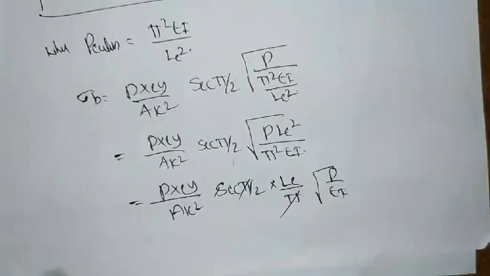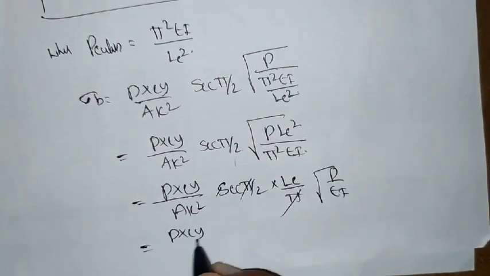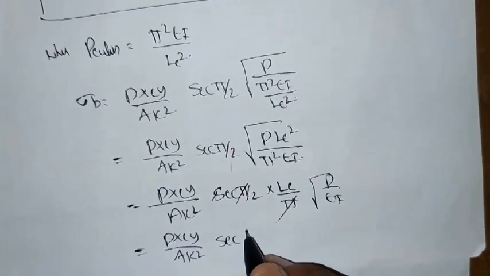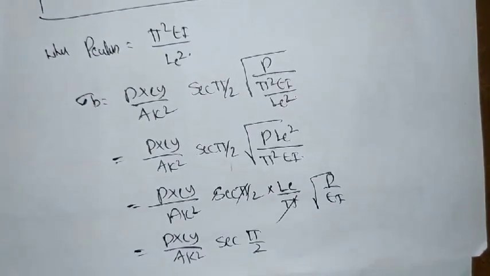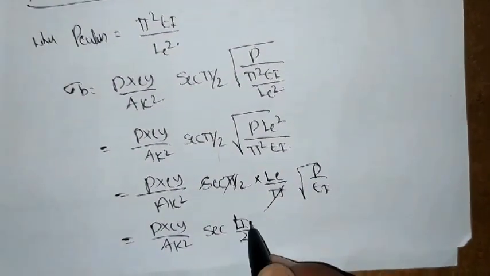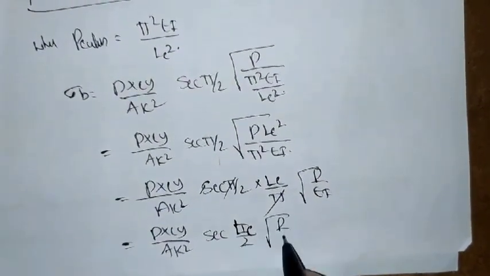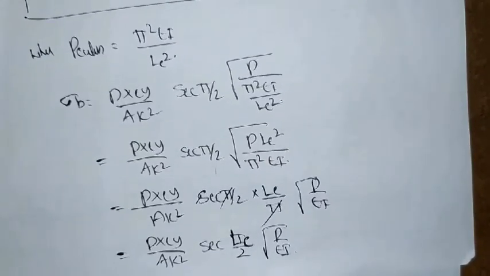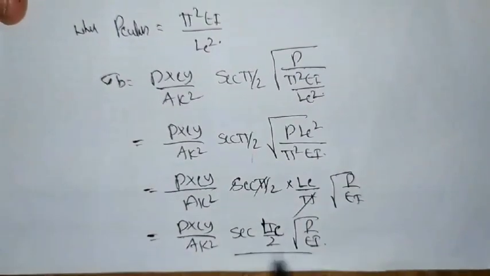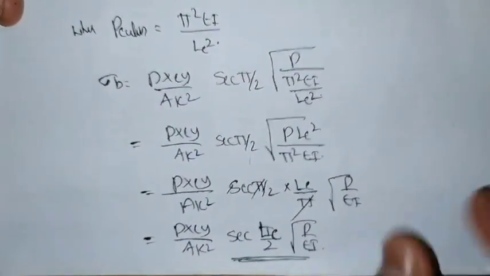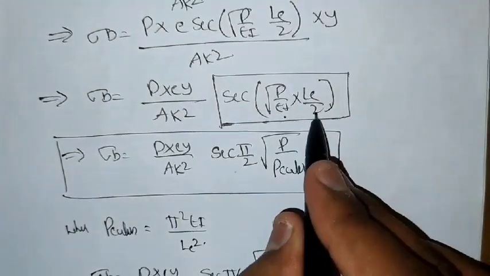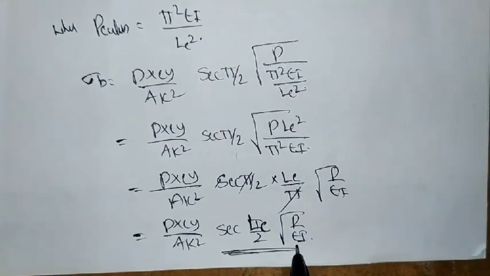When pi gets cancelled, the equation becomes P e y by A k square into secant L a by 2 into root of P by EI. If you see here, we have seen this equation in the previous one: P e y into secant of root of P by EI into L a by 2, the same equation has come up.